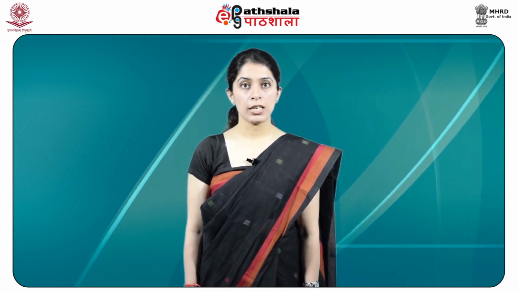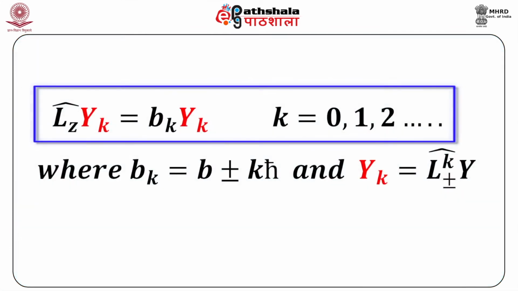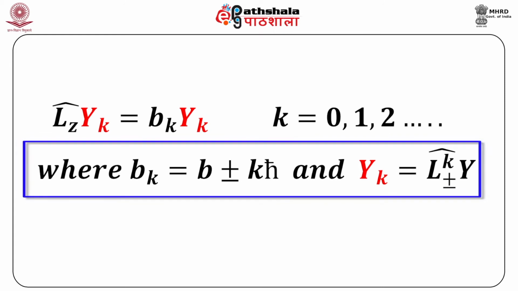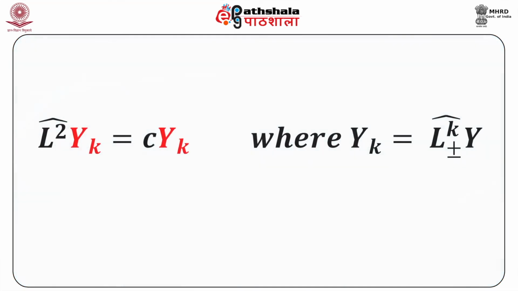The eigenvalues obtained for Lz are of the form Lz ψk equals bk ψk, where k can take the value 0, 1, 2 and so on, and bk is equal to b plus or minus k h cross, and ψk refers to the operation of the raising or lowering operator, that is (L plus or minus)^k on ψ. Now the eigenvalue obtained for total angular momentum follows the equation L square ψk equals cψk, where ψk is equal to (L plus or minus)^k ψ.